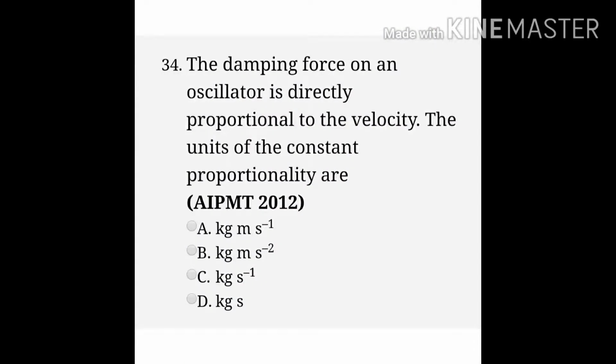Question number 34. The damping force on an oscillator is directly proportional to the velocity. The units of the constant of proportionality are option A, kilogram meter per second; option B, kilogram meter per second square; option C, kilogram per second; option D, kilogram second.